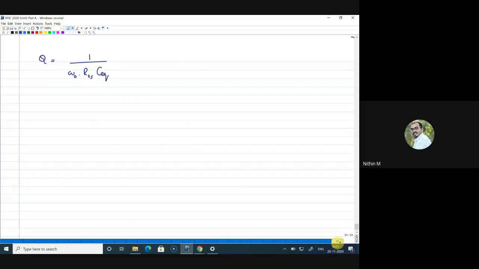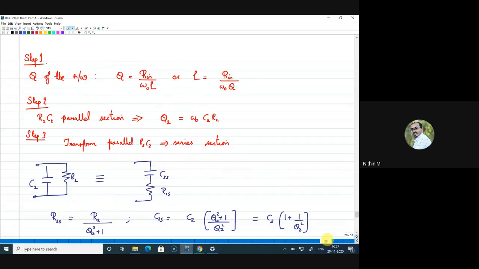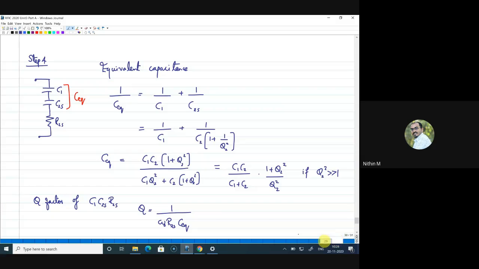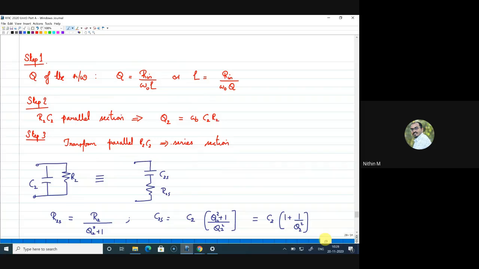Now what is R2S in terms of the original resistance R2? R2S is R2 by Q2 square plus 1. So I'm just replacing that: omega naught into R2 by Q2 square plus 1 into C equivalent. Now what is R2? R2 can be further written as, from this, R2 is Q2 by omega naught into C2.